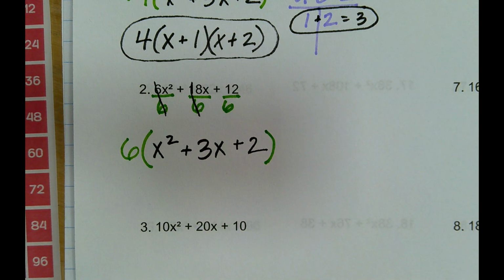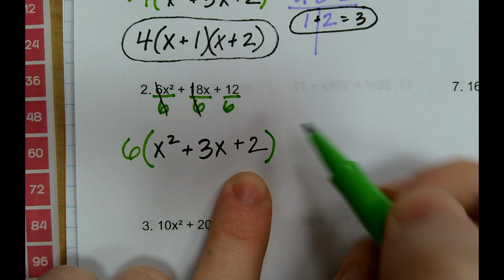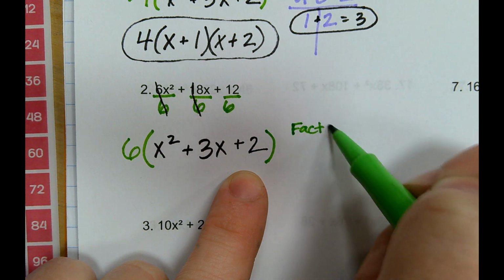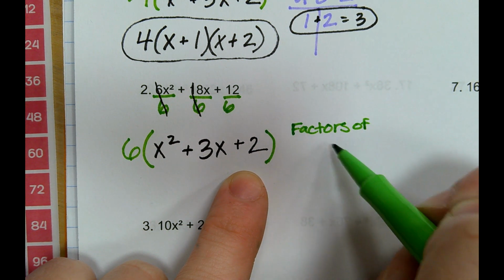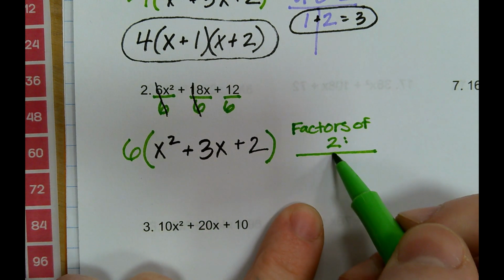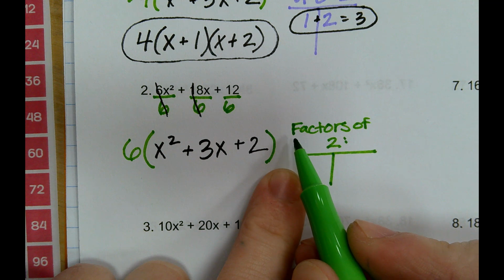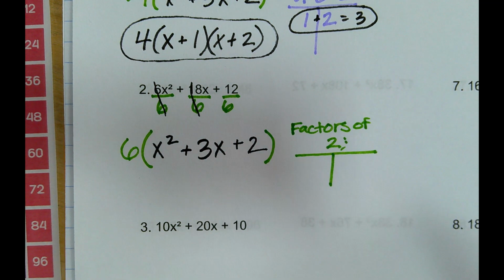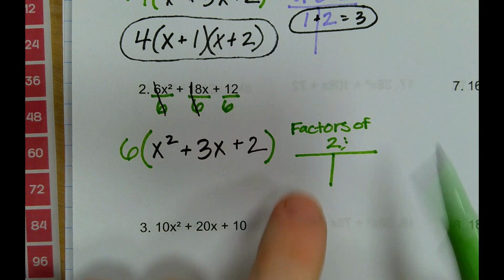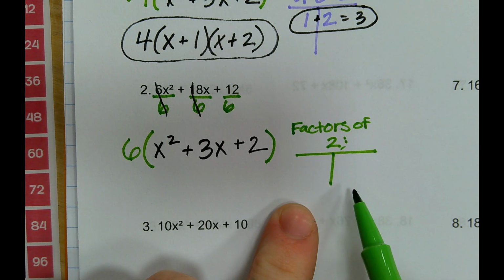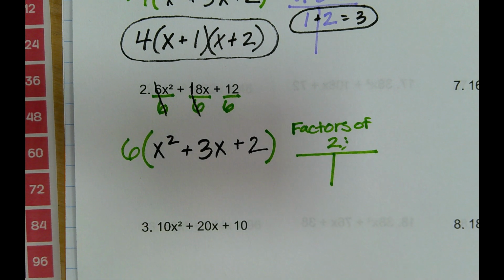Factors of 1 and 2. What are the factors of 2? Just 1 and 2. You don't have to write the whole phrase "factors of 2"; you could just write 2. I'm doing this because when I was walking around the room yesterday looking at some people's work, I think some of us were confused about what the numbers in here meant, and we were writing things that didn't make a lot of sense.